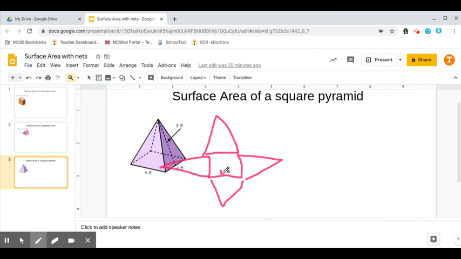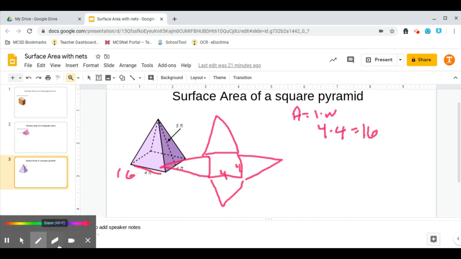So the base of my pyramid, if you look at it, is 4 by 4. So area of the base is going to be length times width, which is 4 times 4 is 16. So I know my base is 16.